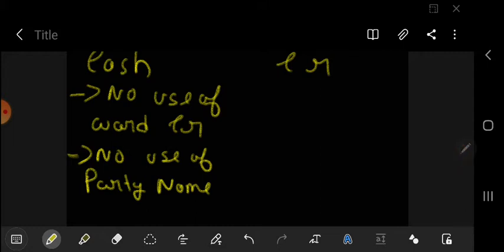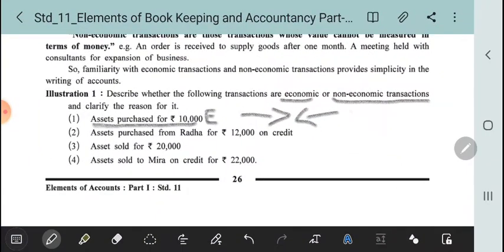As an example, we can see transaction number 2: the asset purchased from Radha, which is the name of a party, for rupees 12,000 on credit. So both of these conditions are fulfilled: there is the word Radha, meaning a party name, and there is the word credit. So this transaction is credit.